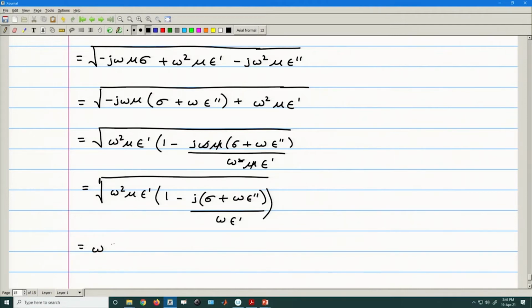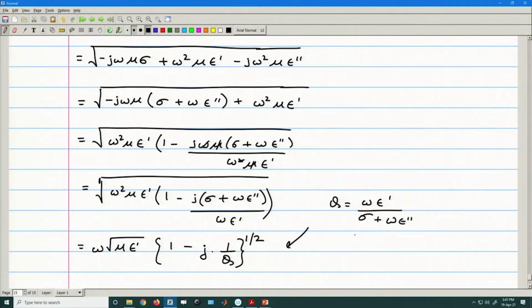So, we will have omega square root of mu epsilon prime, and then we have here 1 minus j, and this term we can write in terms of Q. So, it will be 1 minus j multiplied by 1 by Q, and this is raised to the power half, because it is given in the question that Q is omega epsilon prime by sigma plus omega epsilon double prime. So, we just substituted Q in place of it.